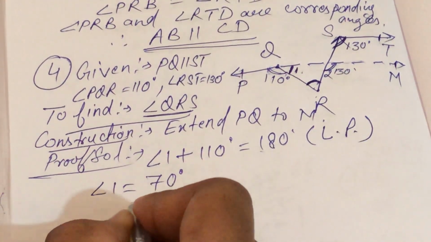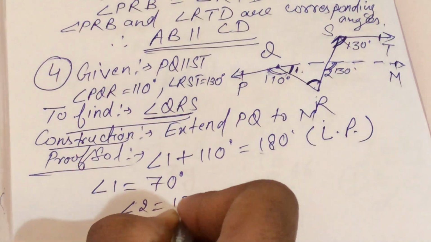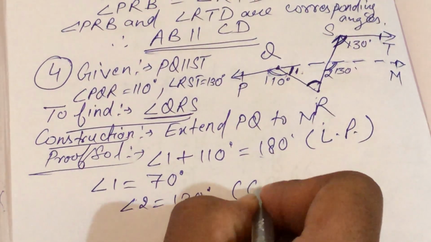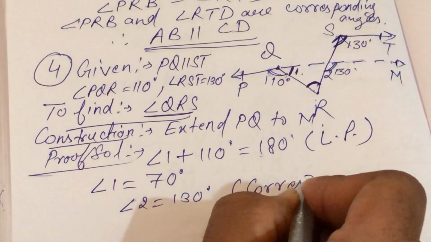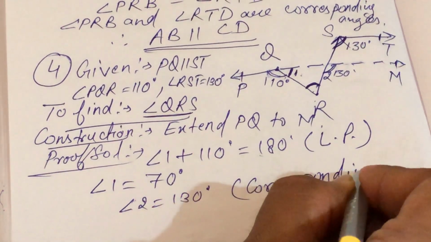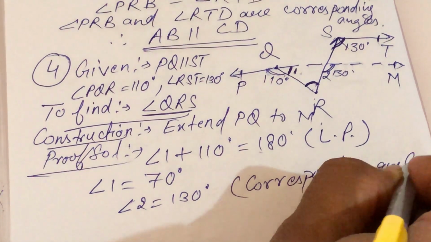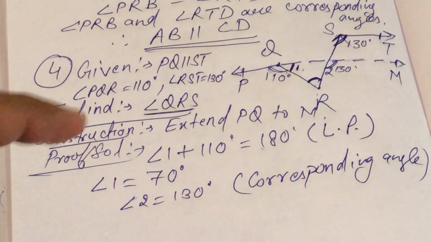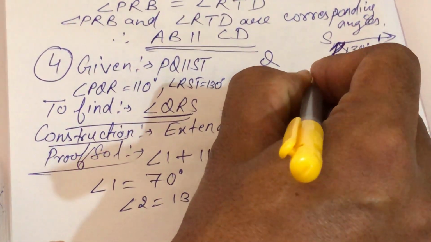Angle 2 equals 130. Why is angle 2 130? Corresponding angle.